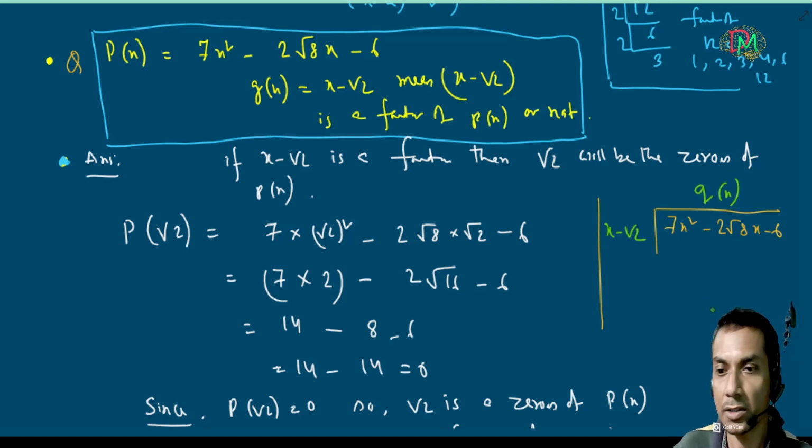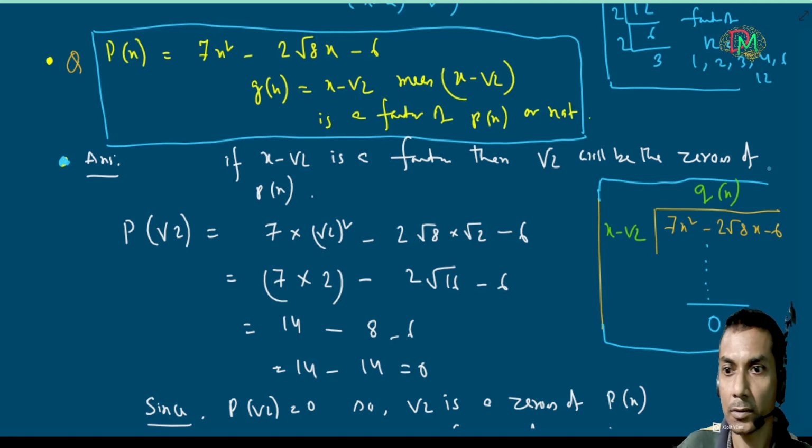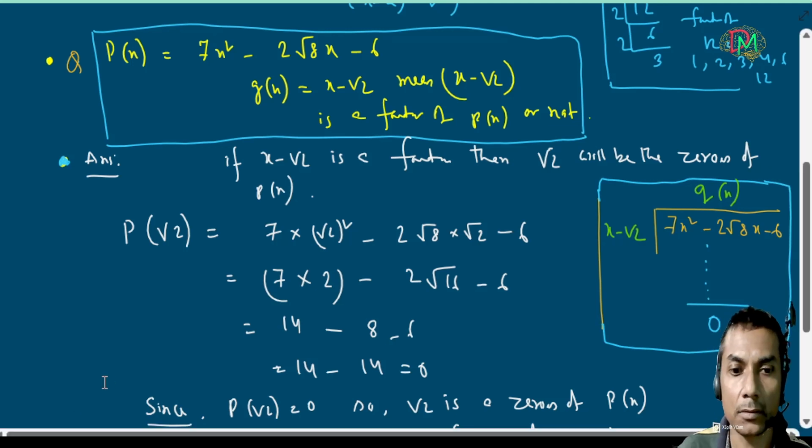This is also a polynomial, and here you get the remainder. After division, you get the remainder as 0. Clear? This is the meaning of this factor. So this is the concept. Done.